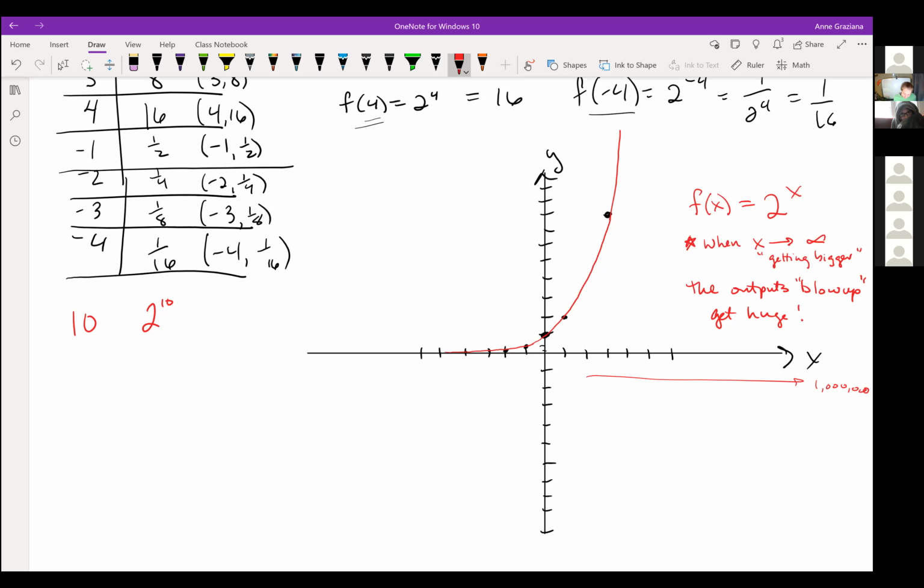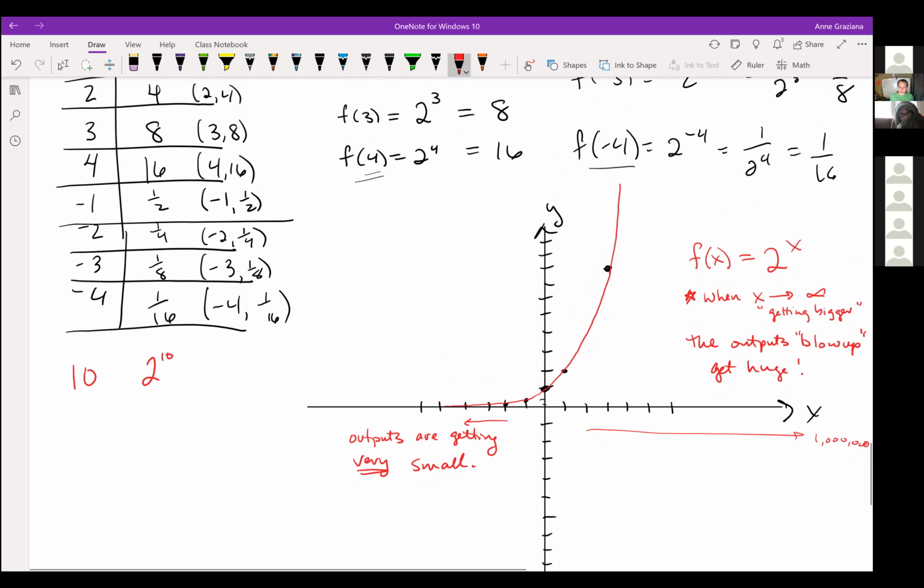Now on the other side, these outputs are getting very tiny, in almost the same proportion, very small. So when they're talking about the coronavirus being an exponential growth, this is what they mean.